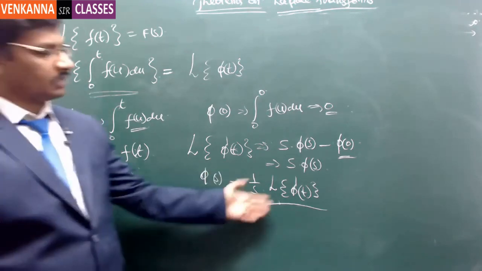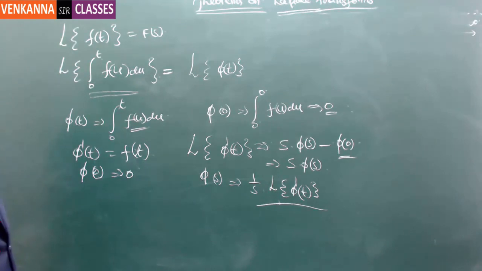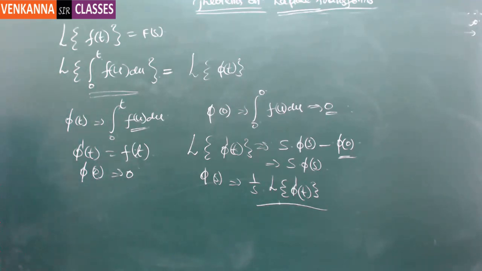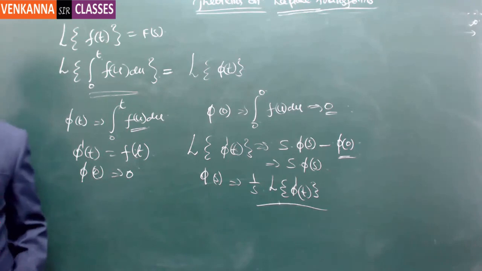So this is phi of s is equal to 1 by s times the Laplace transform of phi dash of t. Note it down. Any questions on this?